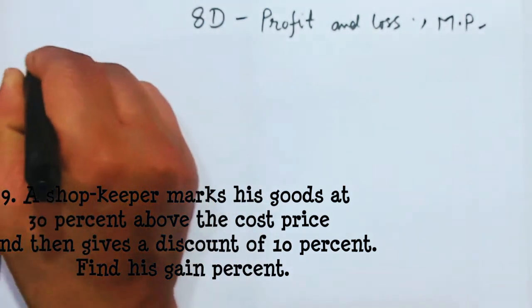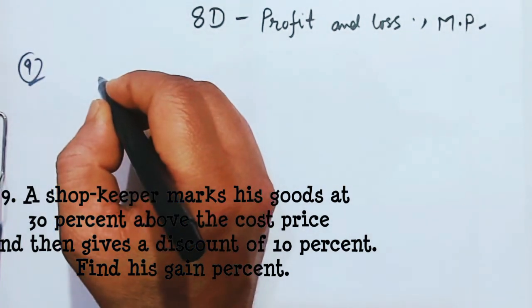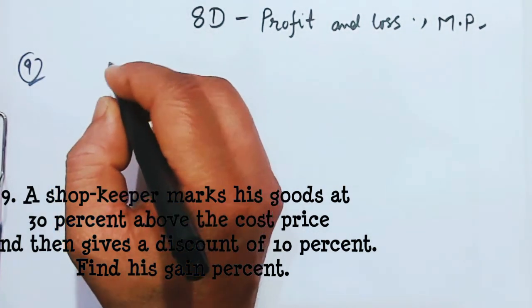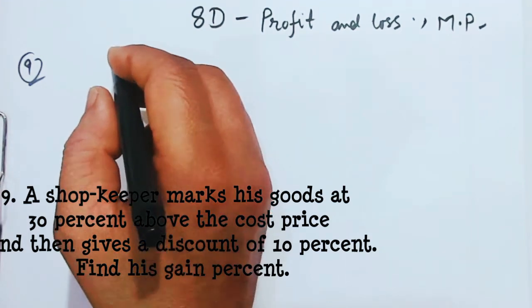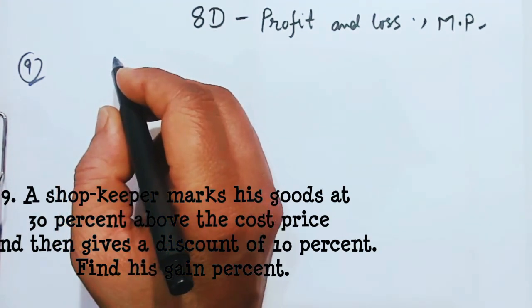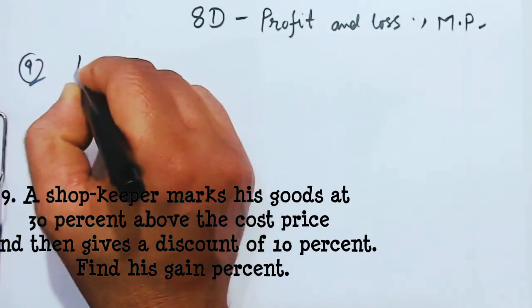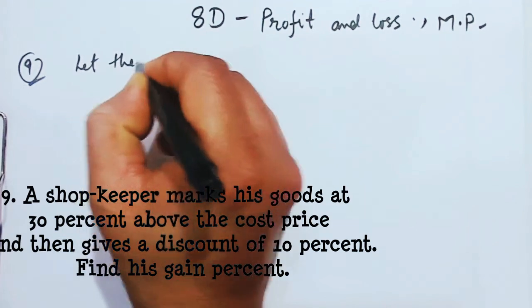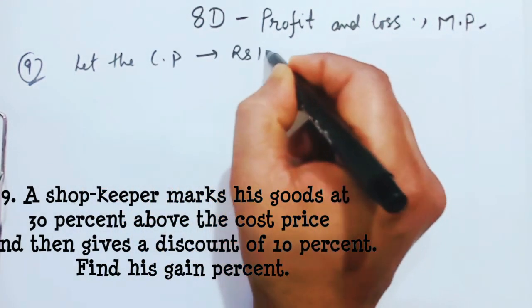Let's start from number 9, where a shopkeeper marks his goods 30% above the cost price and then gives a discount of 10%. We do not know the cost price, so let the cost price of the article be rupees 100.